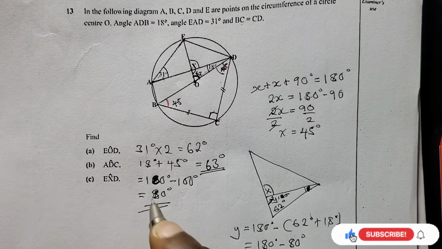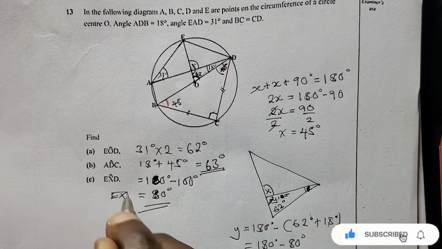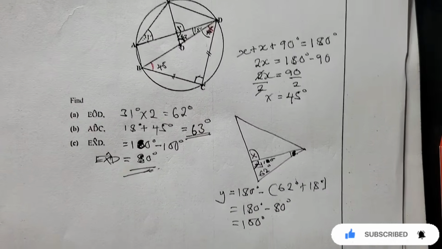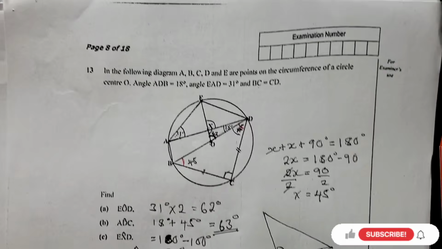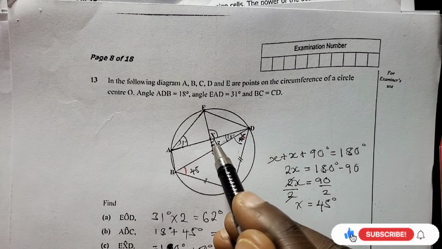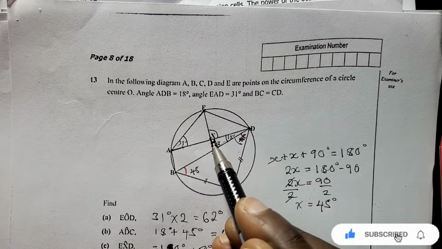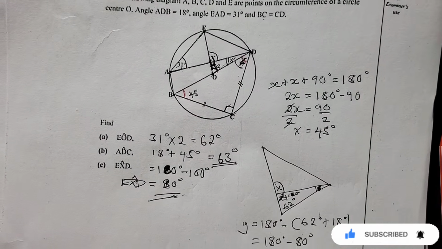So the value of angle EXD is 80 degrees. The first thing was to find the value of this angle here, so that when we subtract from 180 we find x. This is simple.